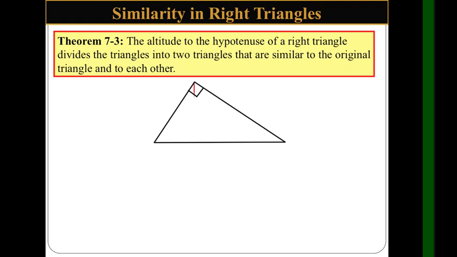So kapag nag-create ng altitude dyan, dinidivide niya yung triangle into two triangles that are similar to the original triangle. Ibig sabihin, kapag dinivide niya ito, this one is similar to the original triangle na meron tayo kanina, and same din ito doon sa original triangle. So ayun yun, yung two triangles.